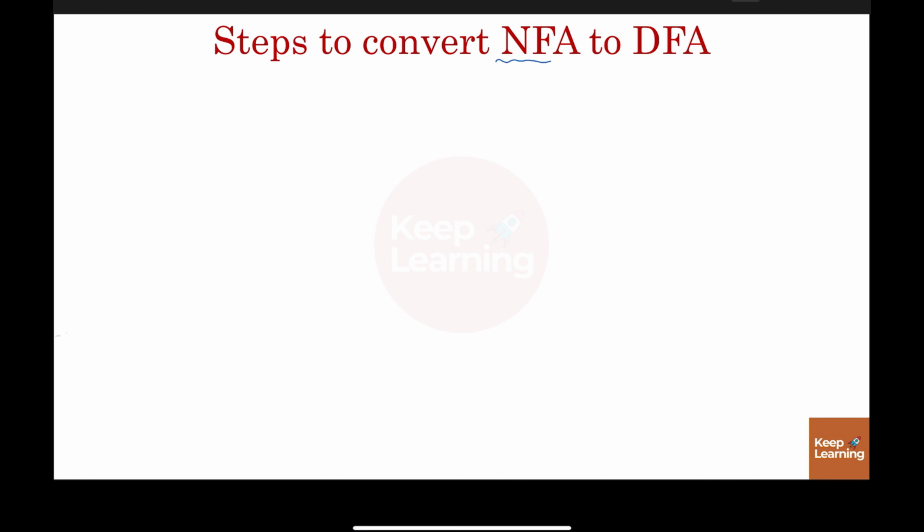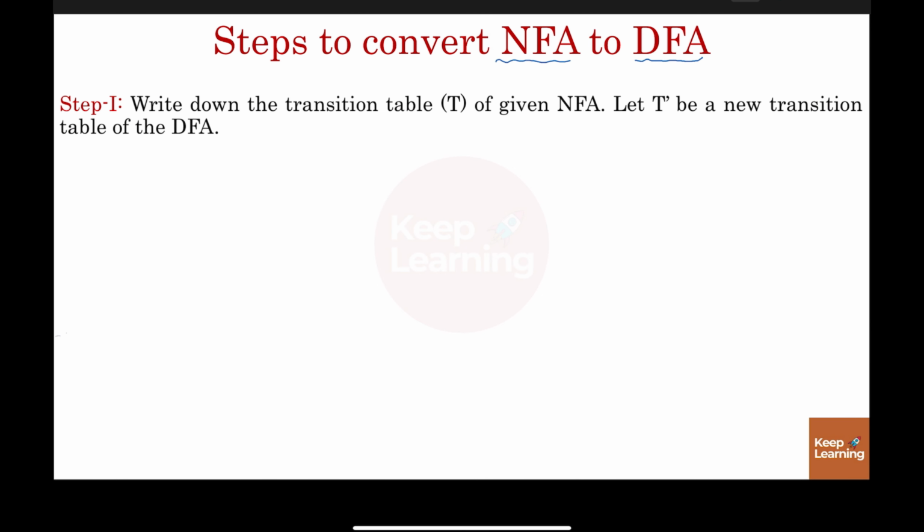Steps to convert an NFA into DFA. Actually, we have already followed these steps to convert an NFA into DFA. This is just a quick revision. First step is write down the transition table T of given NFA. Let T dash be a new transition table of the DFA. So for NFA, we will write a transition table T which consists of set of states and the input alphabets.